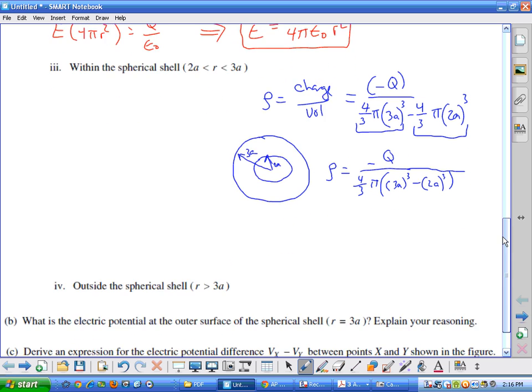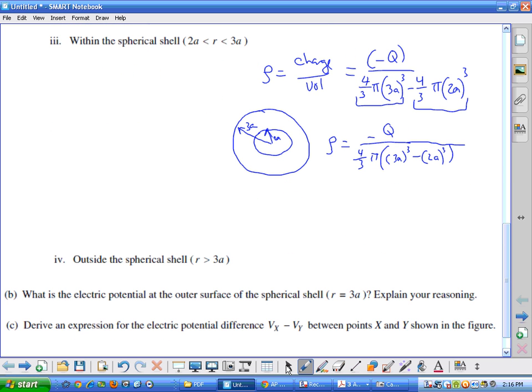So when we go to find the enclosed charge, the enclosed charge is going to be rho times the volume. And our volume is the volume of this region right here in red. So my Gaussian sphere has a radius r.